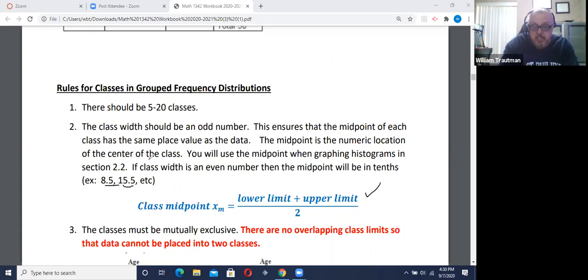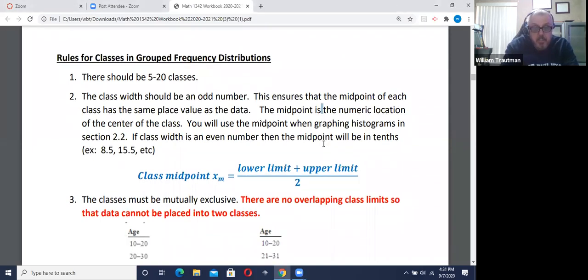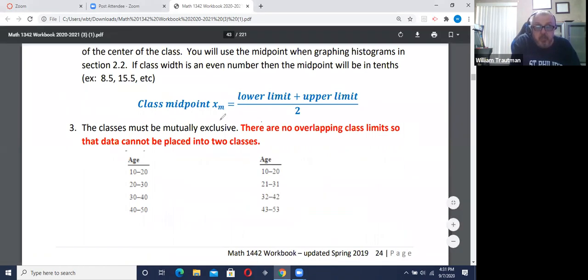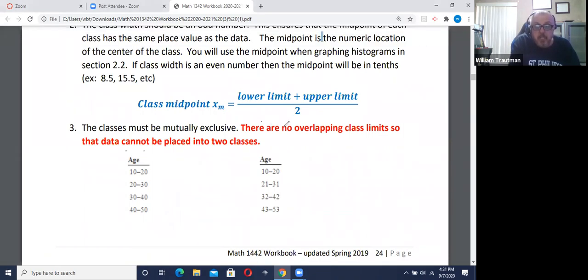The classes must be mutually exclusive. Okay, so if you look at this, mutually exclusive, these are the class limits. There are no overlapping class limits, so the data cannot be placed into two classes. Do you see the number 20?